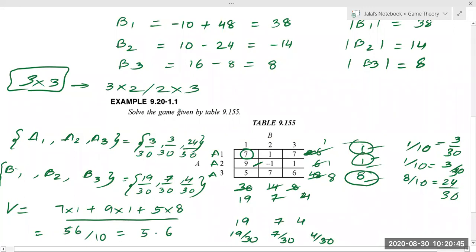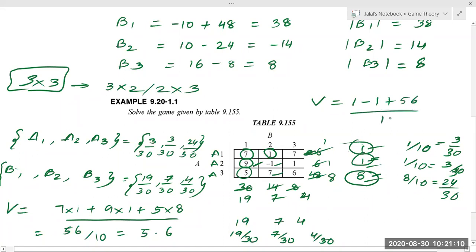Now you could have found the value of the game by another method also. You could have done it by this method: 1 into 1, 1, minus 1 into 1, minus 1. See, 8 into 7 is how much? 56.